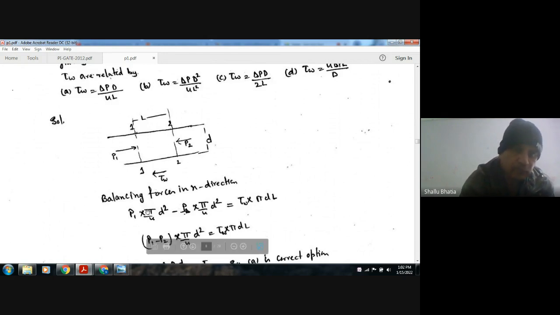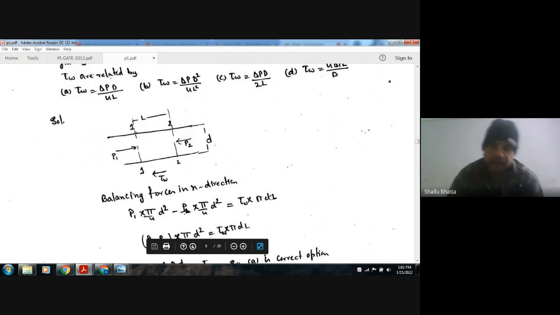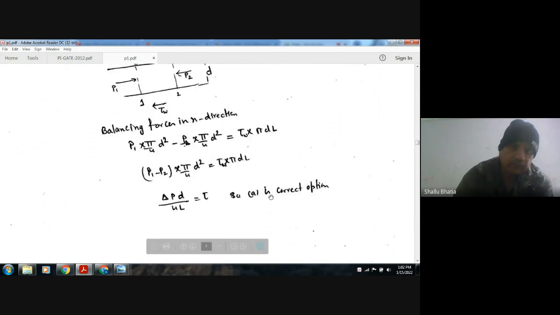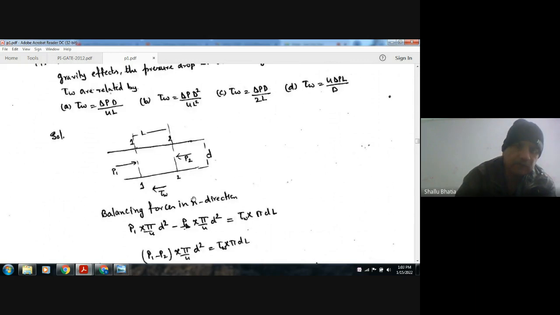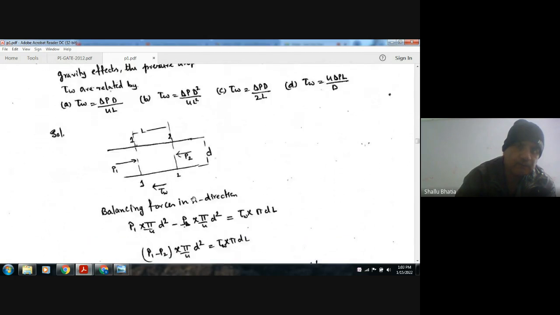P1 is more, so the net force will be restricted by the shear force. So P1 times pi D square by 4 minus P2 times pi D square by 4 is equal to the shear stress times area, tau W pi D L. From this you can find tau W equal to del P D by 4L. So answer A is the correct option.